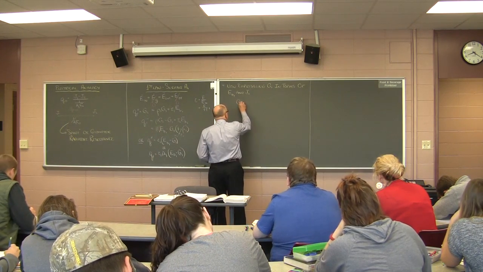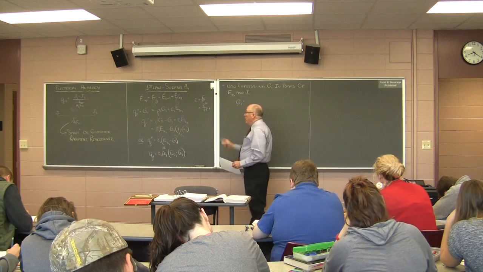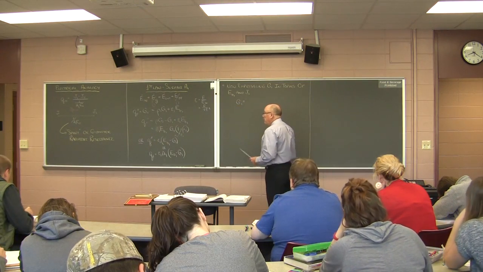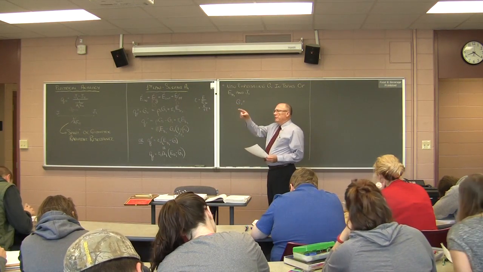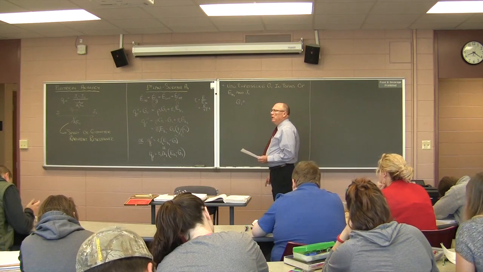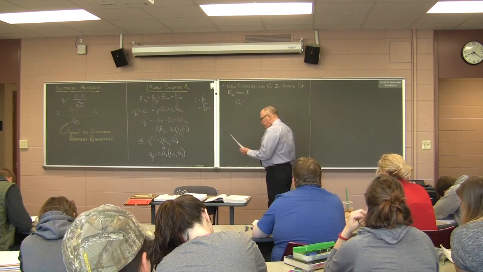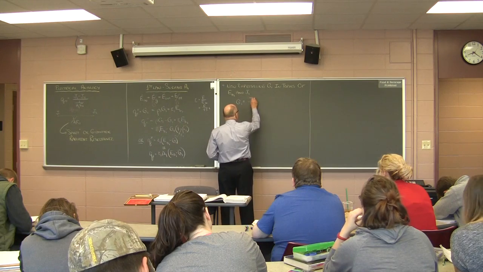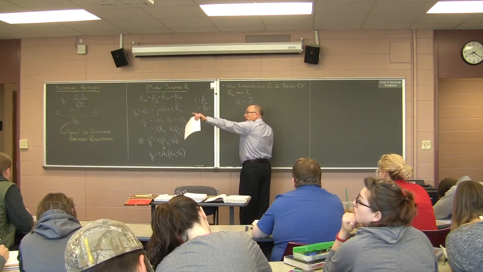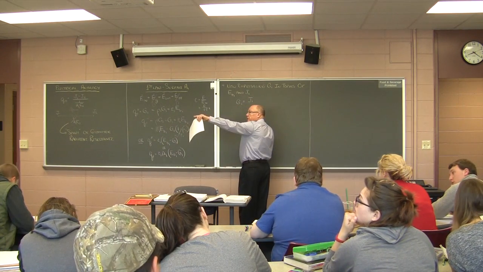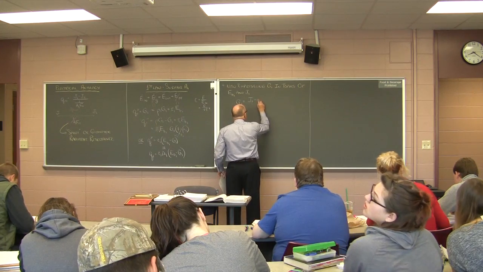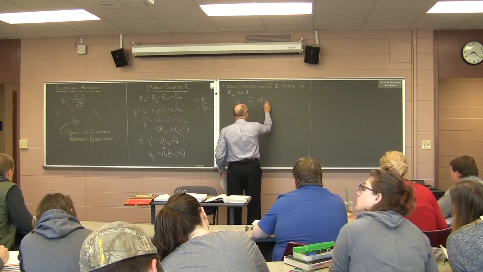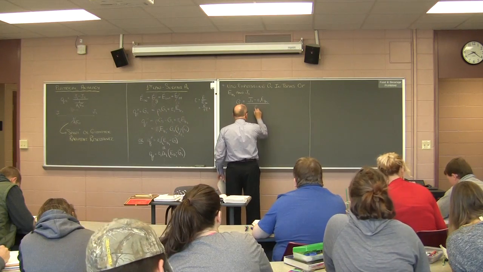So we know that G1, if we go back to our first law, or to the radiosity, is equal to J1 minus epsilon 1 EB1 over rho 1.